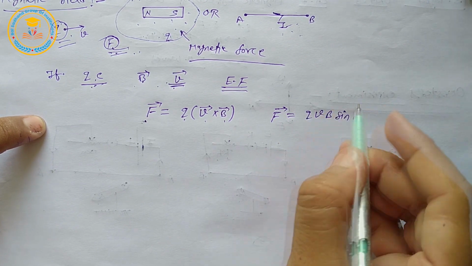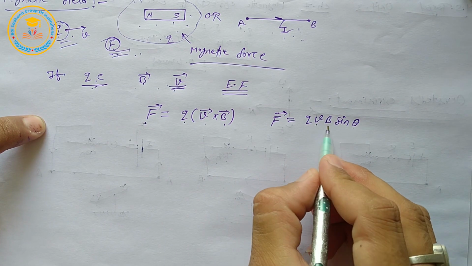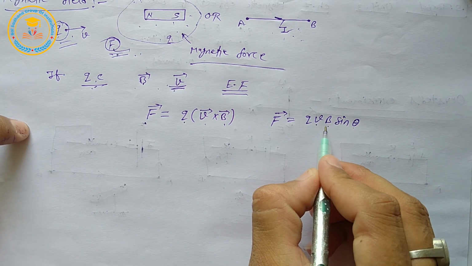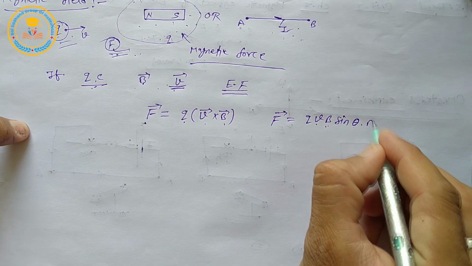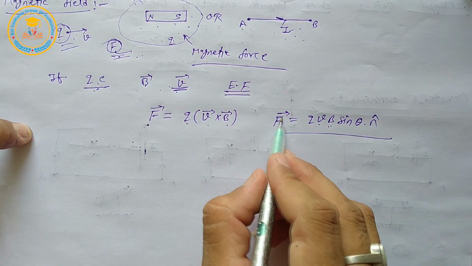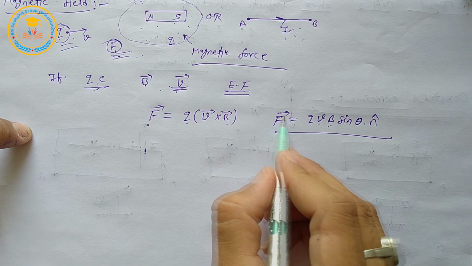Theta is the angle between the direction of velocity and the direction of magnetic field, and multiply by n cap, because this is a vector quantity.